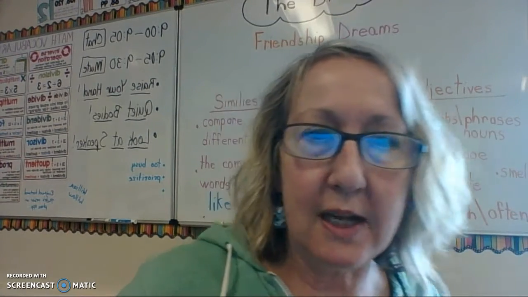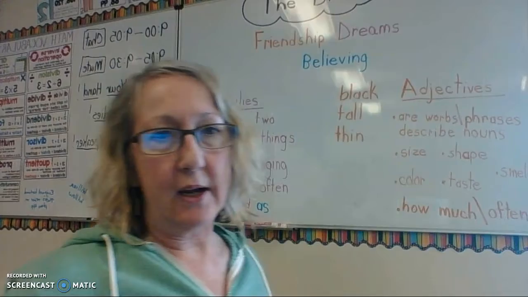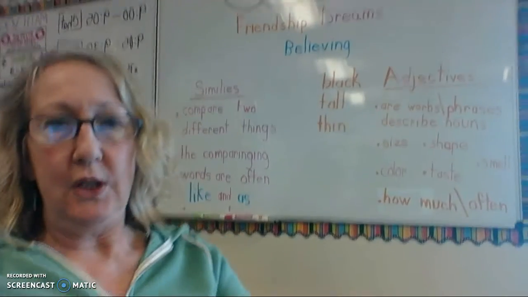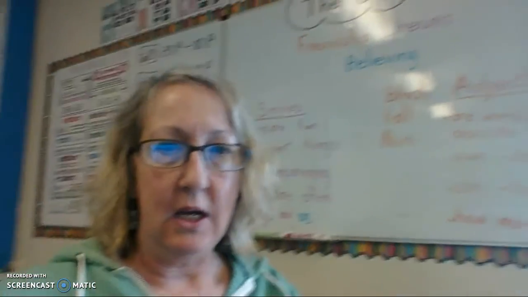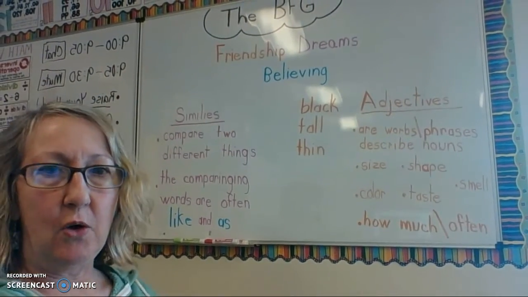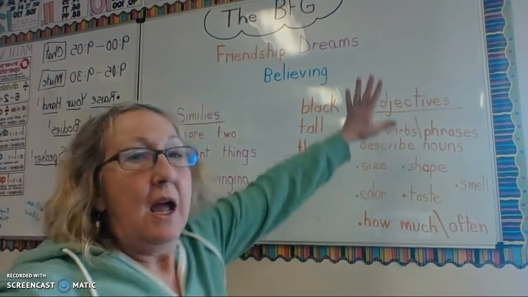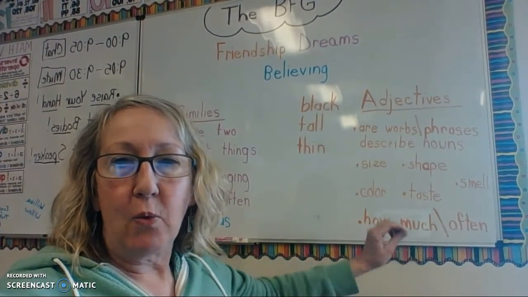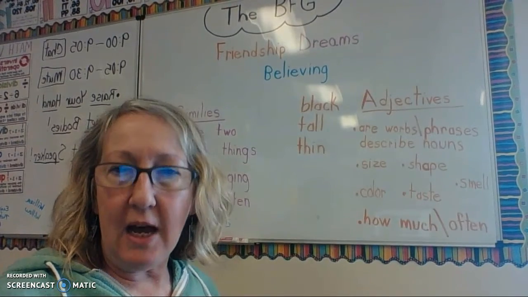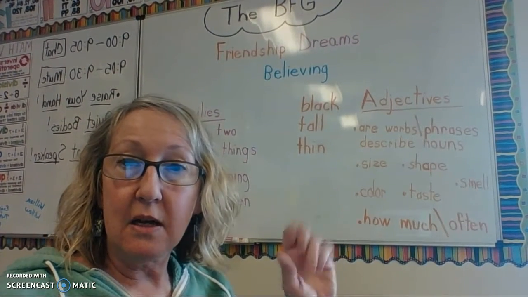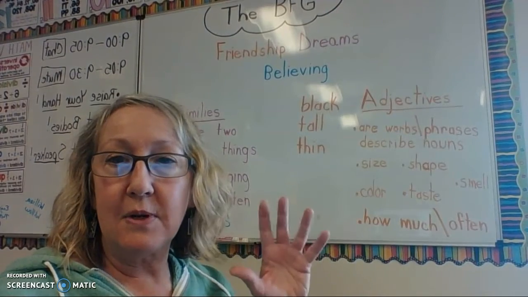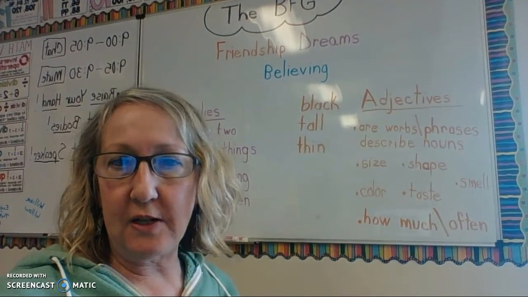Before I do, let's take a look at the board really quick. Okay, so adjectives. They're words and phrases that describe nouns. And you can think about your five senses, because that's some of what adjectives will describe.